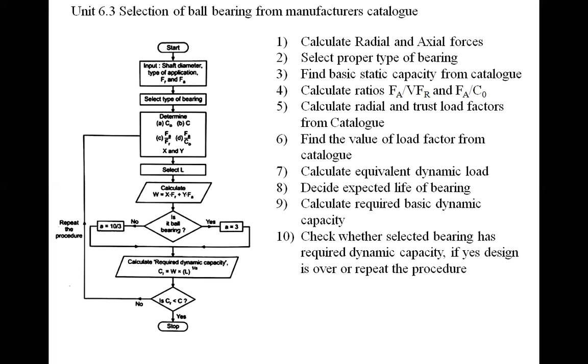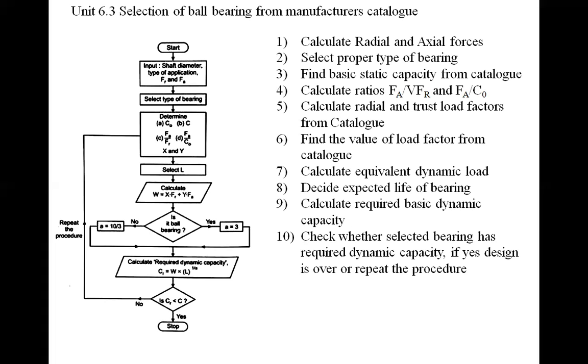After that, calculate the radial and thrust load factor from the catalog. Find the value of load factor from the catalog. Whatever load factors, everything that we have to select from the catalog. I will show the catalog also.